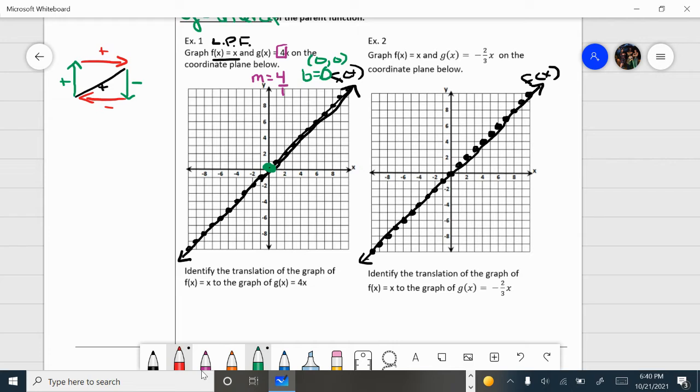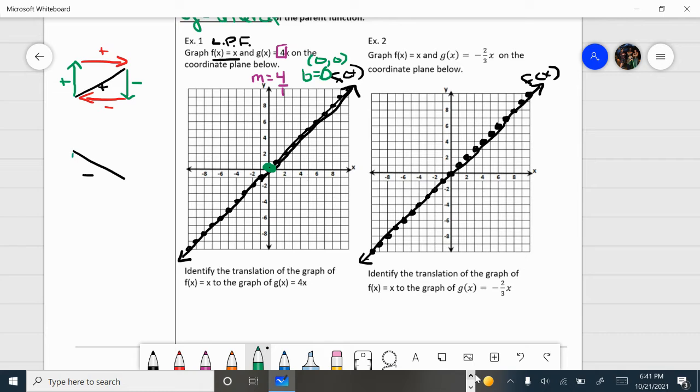Now, conversely, if we are looking at a negative slope, which we'll see an example of a little later, a negative slope starts with going down in a, you know what, I have the wrong slopes there. Give me just a moment. I drew it wrong. Here we go. A negative slope goes this way.